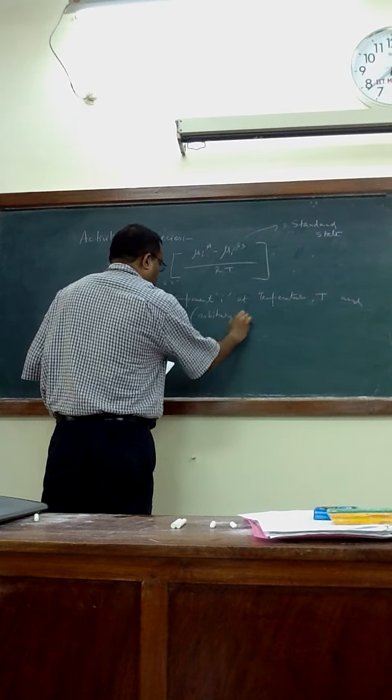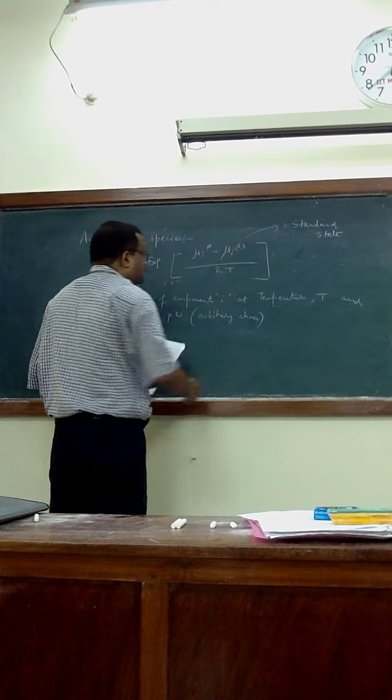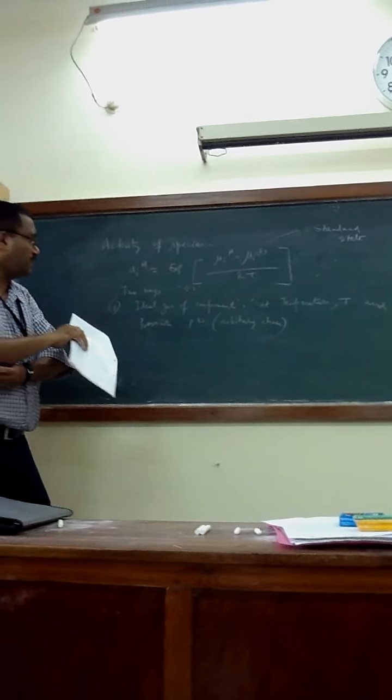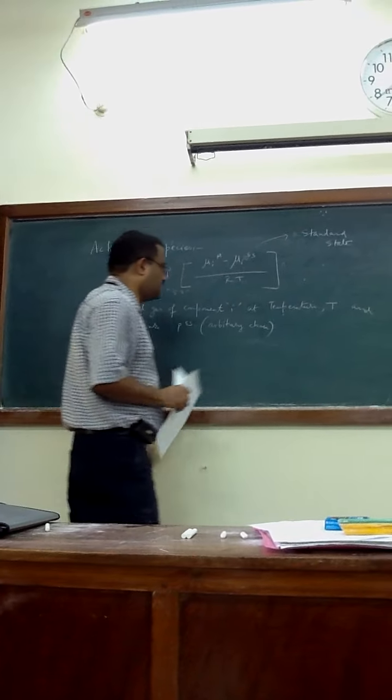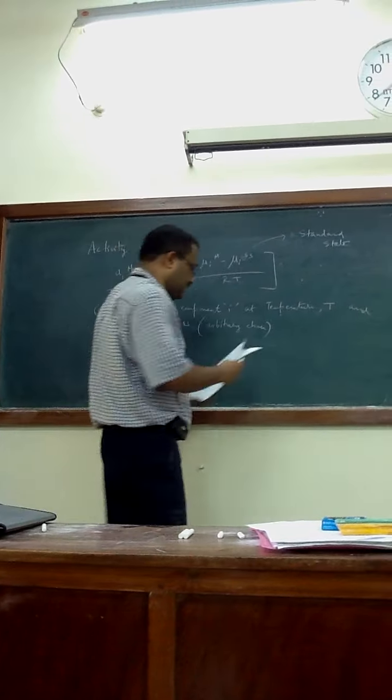So we can have an ideal gas situation at temperature T and pressure P_SS. In that case, your mu_i SS is nothing but mu_i IG at T and P_SS.